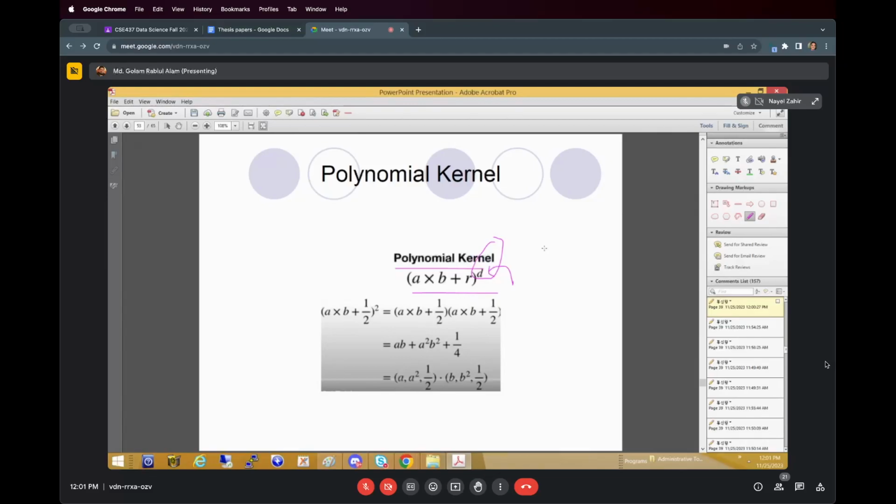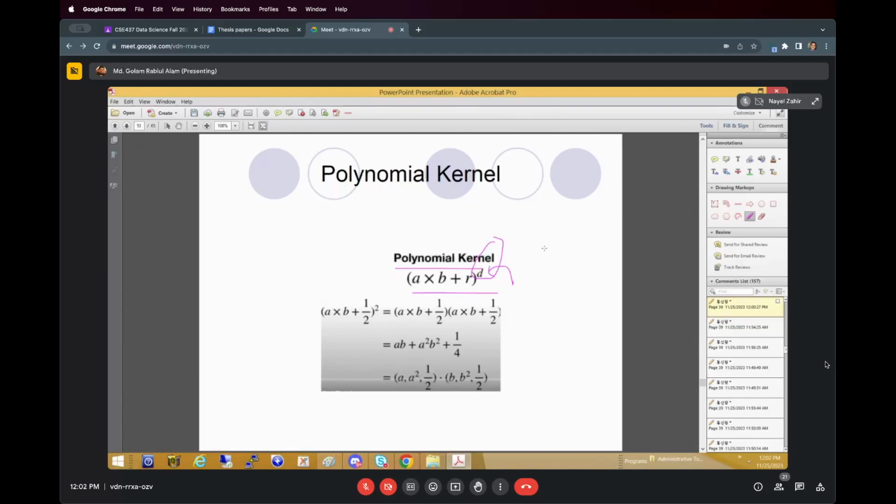Then this polynomial kernel will transform those data points virtually to a higher dimensional space. That means if we have one dimensional data, it will convert to two dimensions.